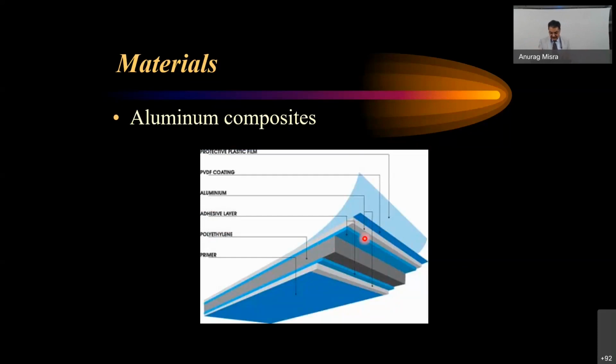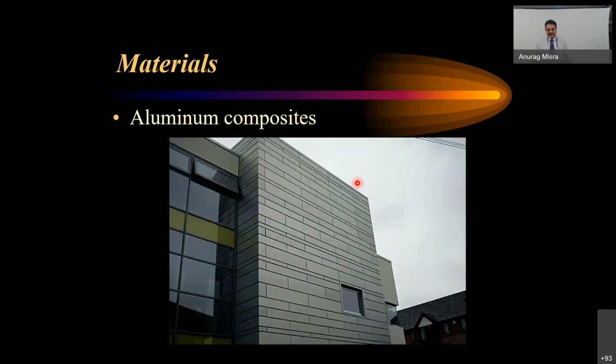So that is the concept of this aluminum composite, where inside you have a polyester type of material, which is insulating, and then you have the aluminum sheets covering from both the sides. So it is made as one unit with the help of adhesives, and on the outer surface you can use different types of coatings for making it beautiful and also durable. So their use is also increasing quite a lot.